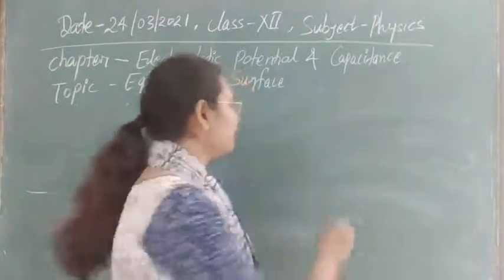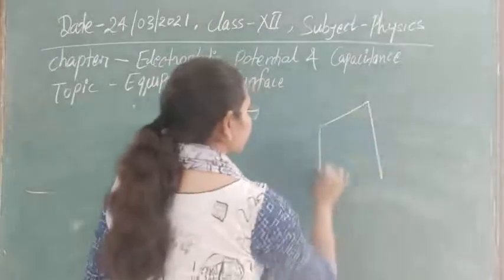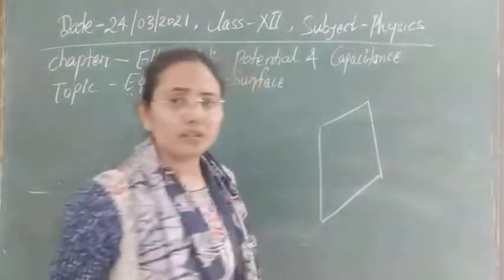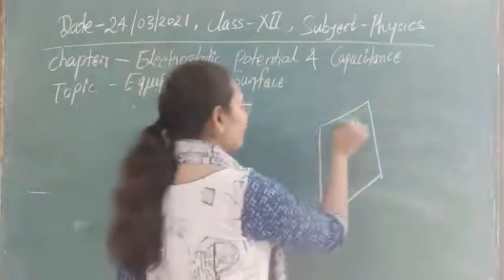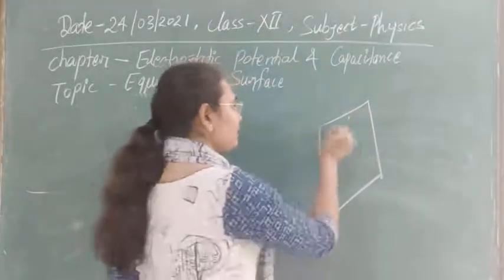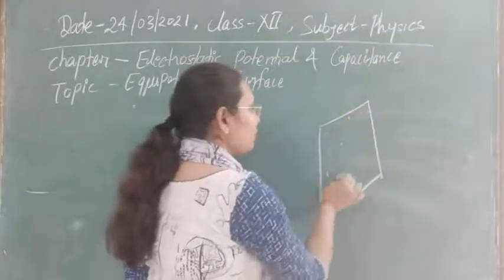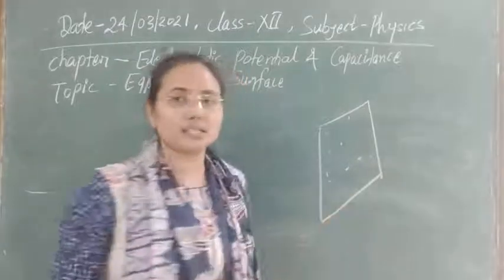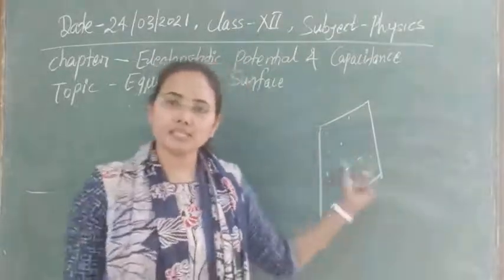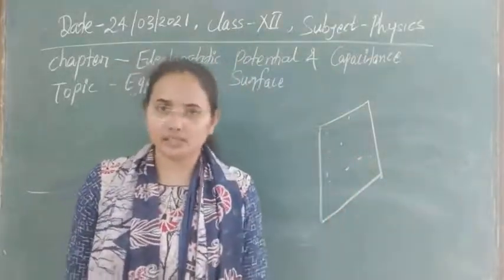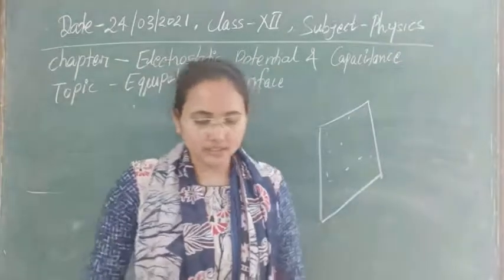Suppose we have a surface, and on this surface we calculate the potential. If at every point we obtain the same potential, then this surface is known as an equipotential surface. I think this is now clear.